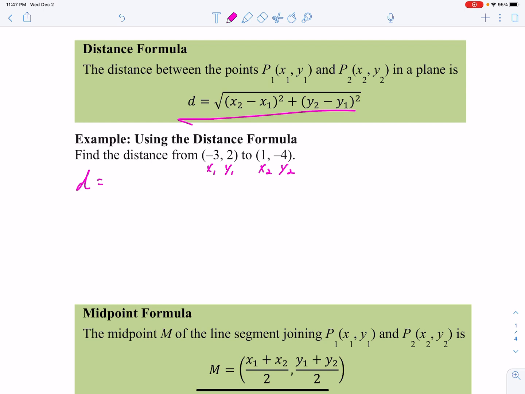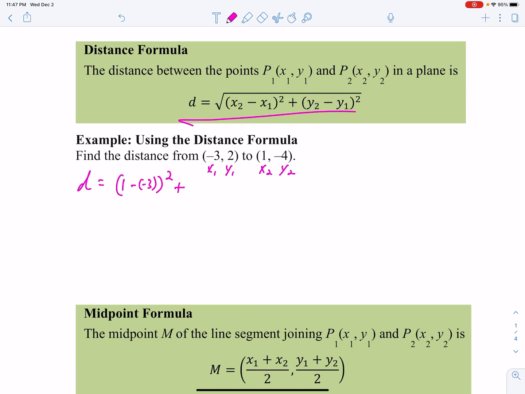So x2 minus x1 is 1 minus negative 3, and notice we square that, plus, then it's going to be y2, which is negative 4, minus y1 squared, and we square root the whole thing. All right, so PEMDAS, work inside your parentheses first, then the exponents, then add, and then square root.